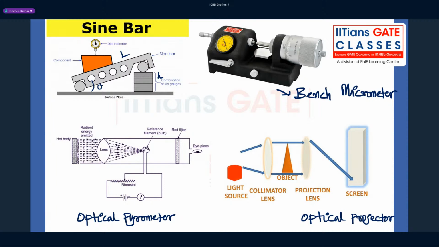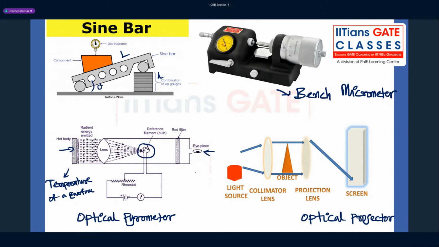Optical pyrometer is used for measuring the temperature of an object or surface. You have this hot body here, and then there is a lens, and then you have a bulb here.